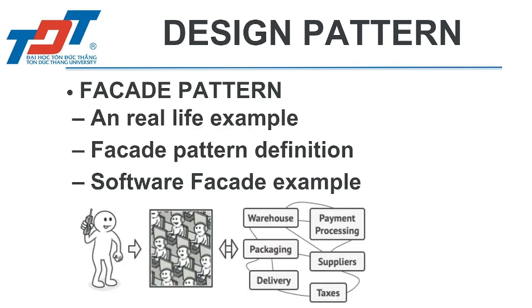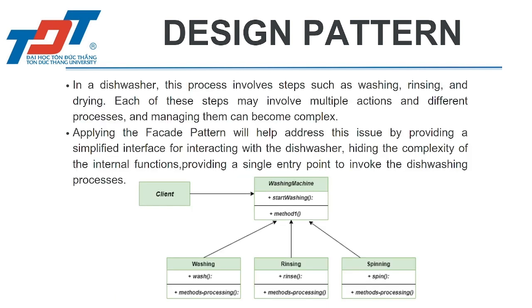We also go through three main parts, and the first part is a real world example. Here we have the example of a dishwasher. This process involves steps such as washing, rinsing, and drying.